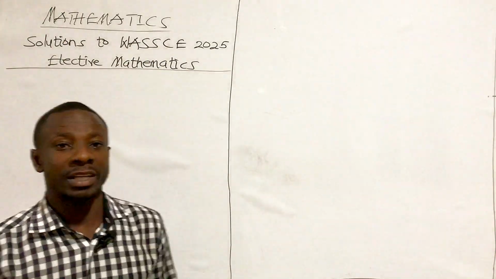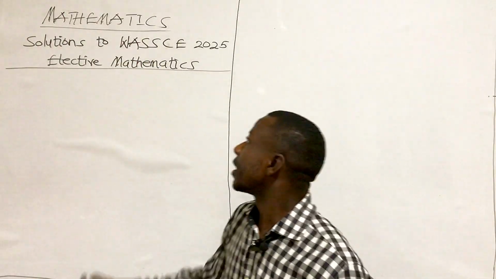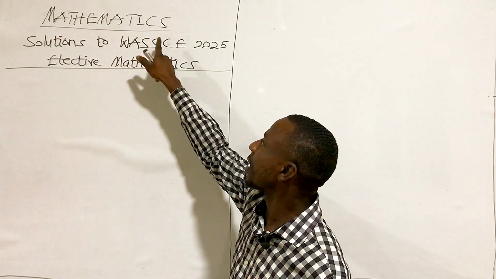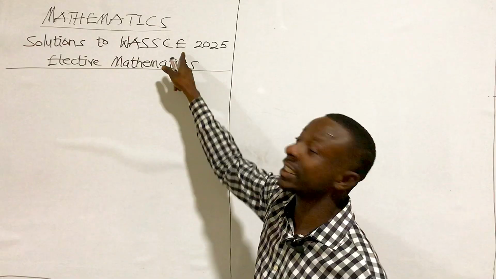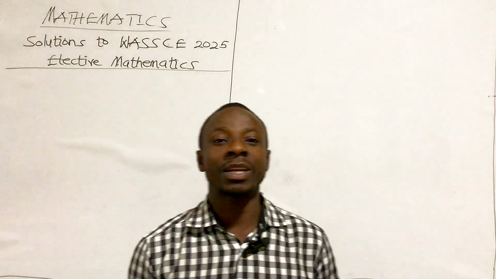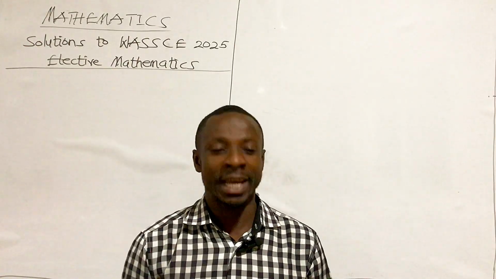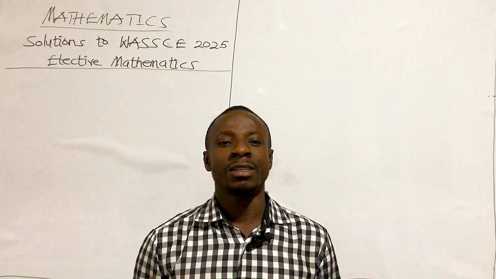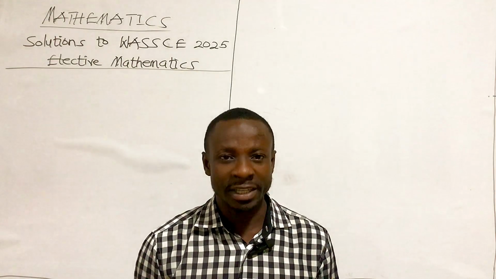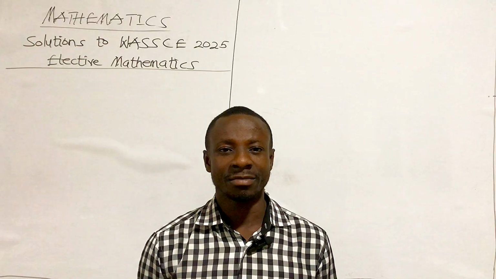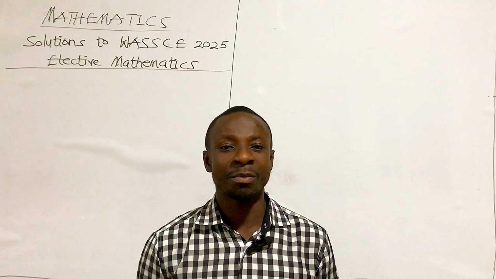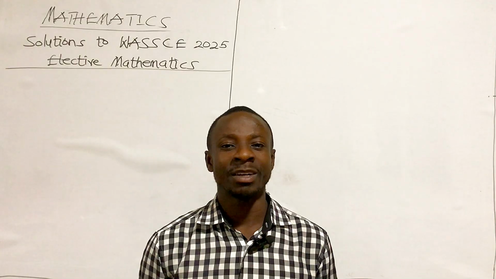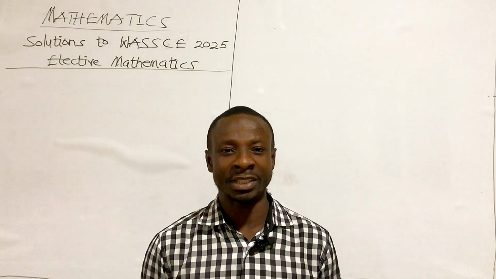Now we all know that WASSCE is the West African Senior School Certificate Examination. This particular examination is prepared by WAEC, that is the West African Examination Council. They give it to some of the West African schools and prepare them for the tertiary institution.